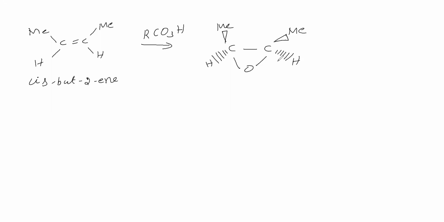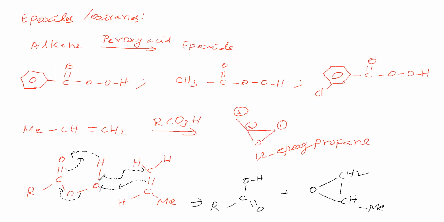Why should we say like this? Because see the mechanism. In the mechanism, this oxygen is making a bond with this carbon, while the pi bond is formed with this oxygen. Both processes should take place simultaneously, in the sense this carbon and this oxygen should be in a plane.